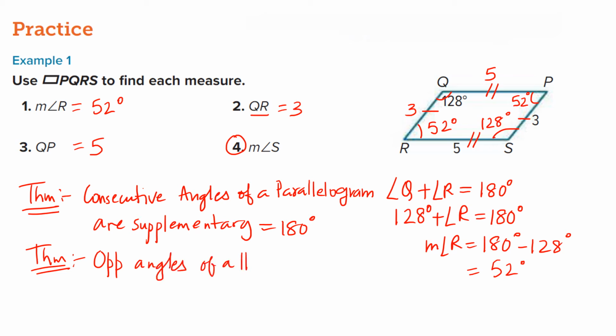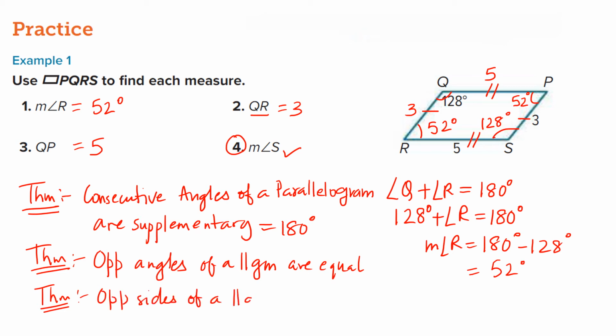I'm writing parallelogram in short, this is how you write it, the parallel lines and gram. We used that for getting the angles. Also, we used the theorem that opposite sides of a parallelogram are equal. We used this to get our values of QR and QP. So this is how you do the question.